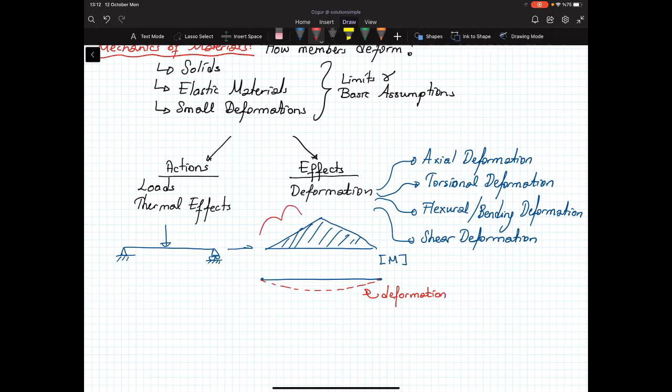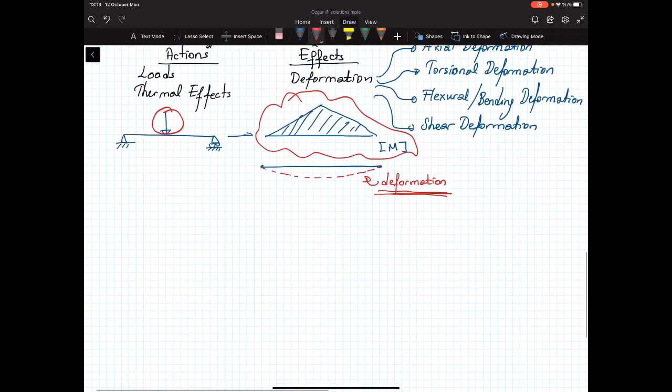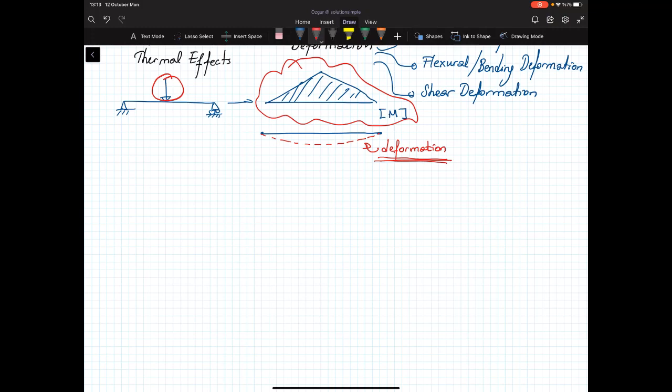So the internal forces, the stresses due to that internal forces, they are all abstract things. They don't exist. What really exists is the deformation. But we use these internal forces, stresses, to relate the external effects with the deformations, okay? So how do we do that?